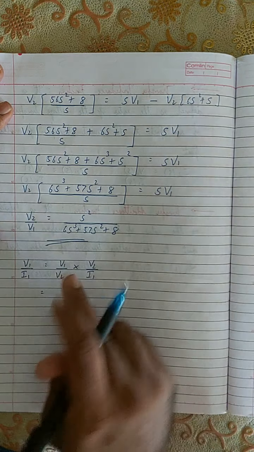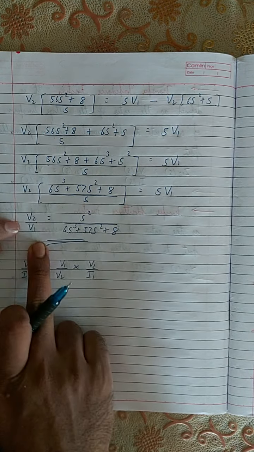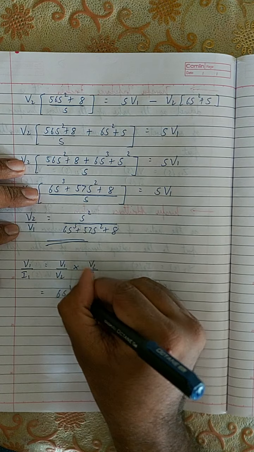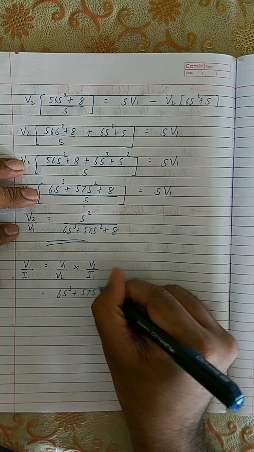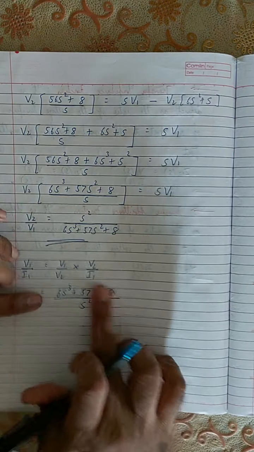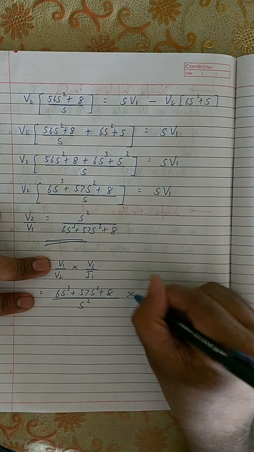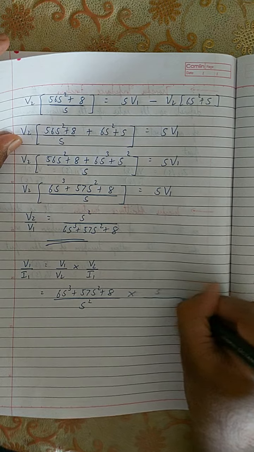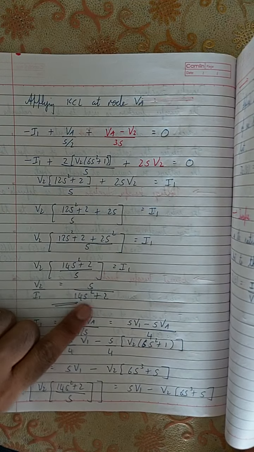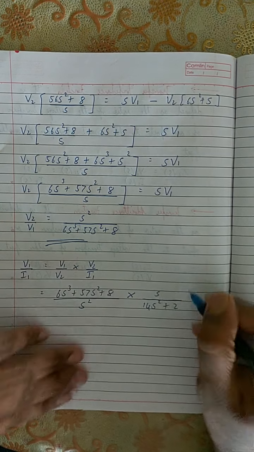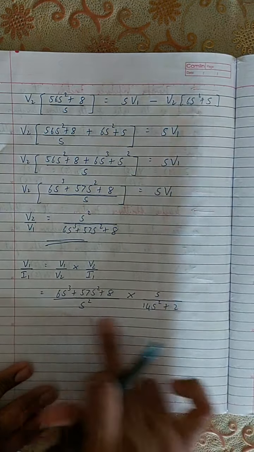We already found V2 by V1, so V1 by V2 is the reciprocal of this, which is 6s cube plus 57s square plus 8 by s square. This is V1 by V2 into V2 by I1. I found that V2 by I1 is s by 14s square plus 2. This is V1 by I1.